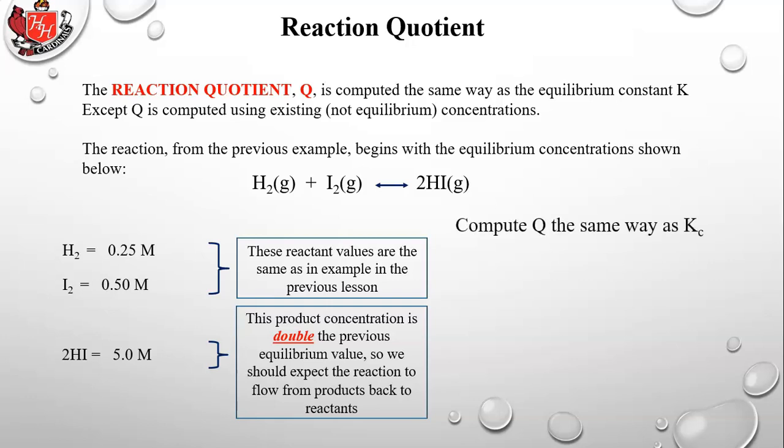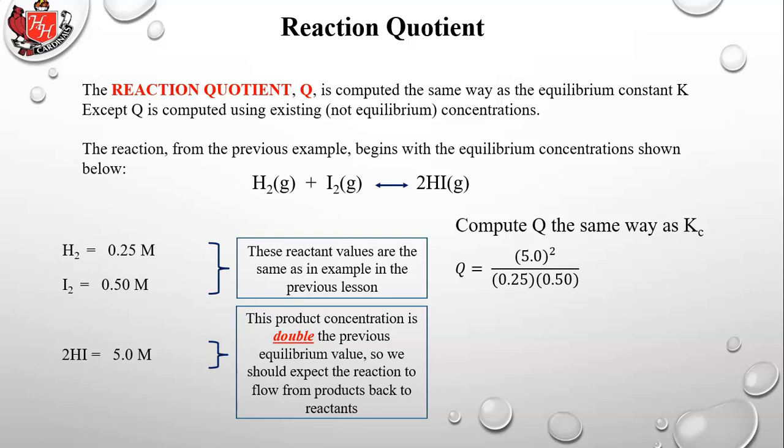So we compute Q the same way as Kc. We have the products on the top and the reactants on the bottom, and we use their coefficients as the exponents, so it's exactly the same as the previous lesson, except the difference in this equation setup is you see a 5.0 on top instead of a 2.5 as in the previous lesson.